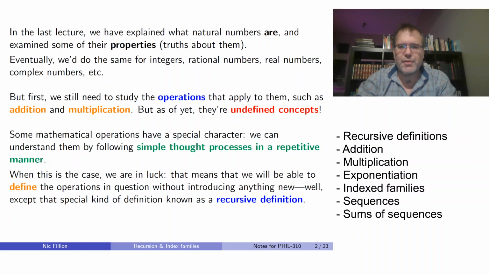And when that happens, we are really in luck because then we can define those operations on the basis of the set theory that we already have developed. And we don't need to add anything new, no new axiom, nothing else. We're just guaranteed that those operations exist and hopefully will show also that they have the properties that we expect them to have. And we don't need to introduce anything else except something called a recursive definition.